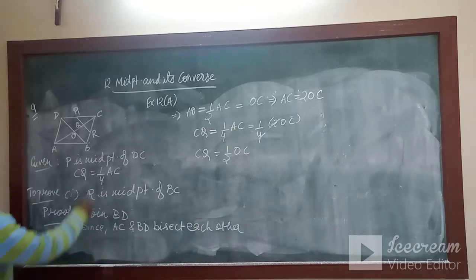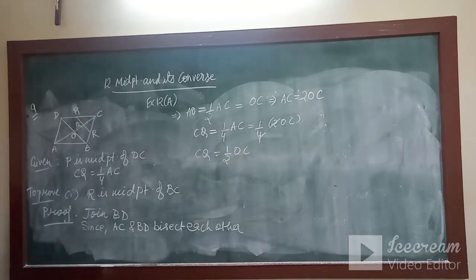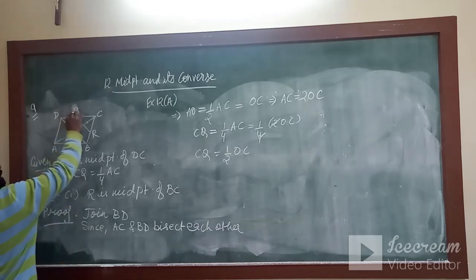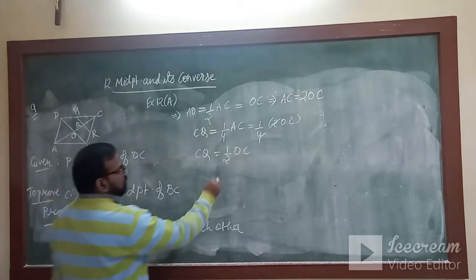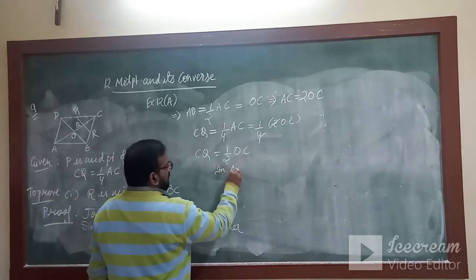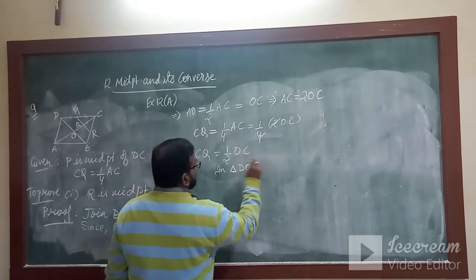Now we got that these 2 are equal to each other, and this is already given as equal to each other. So what we are getting here? Actually we are getting here the midpoint theorem. So what we will do? We will take triangle BOC.